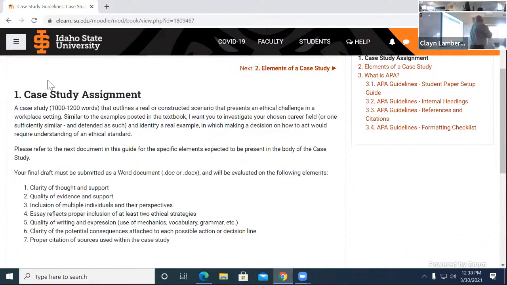So who might be individuals that would have perspectives, for example, on the McDonald's hot coffee video that we watched? Who might have perspectives on this? The woman and the company. The woman that was burned, the company as a whole, probably the local manager that was the one that actually turned the knob, right?